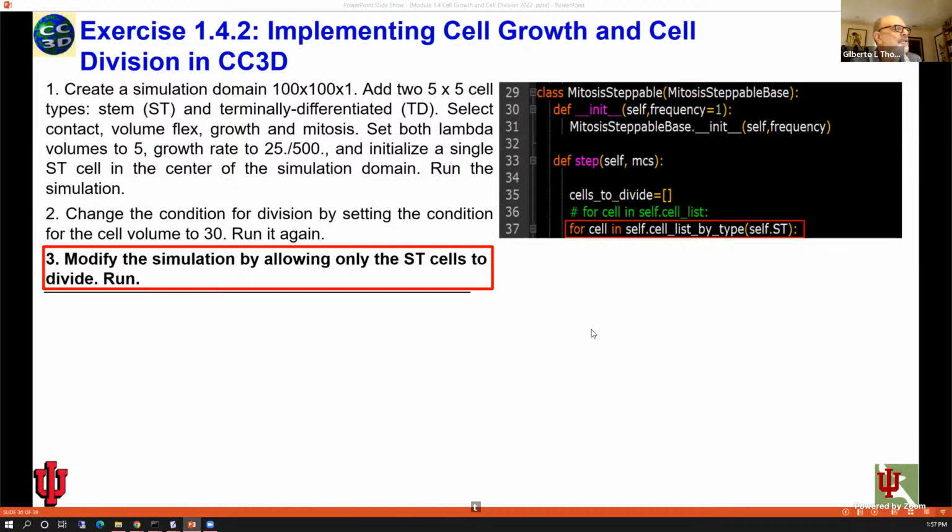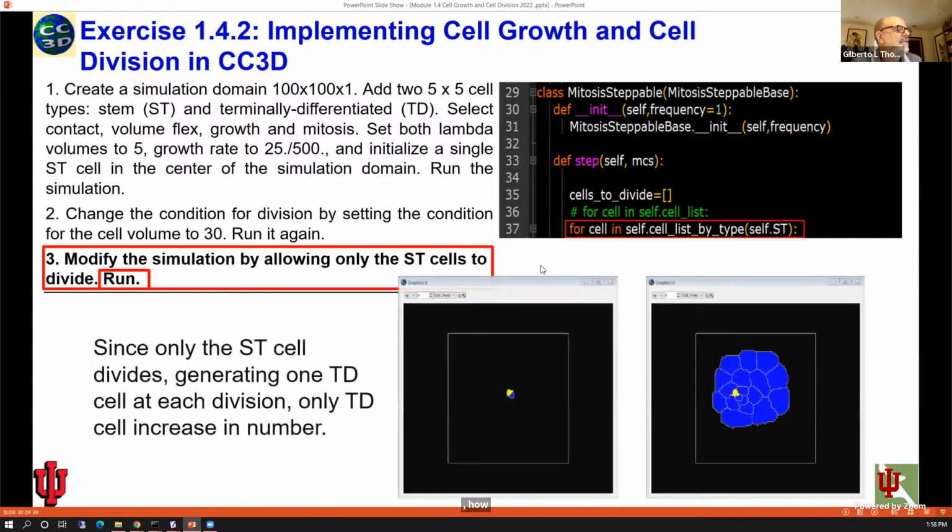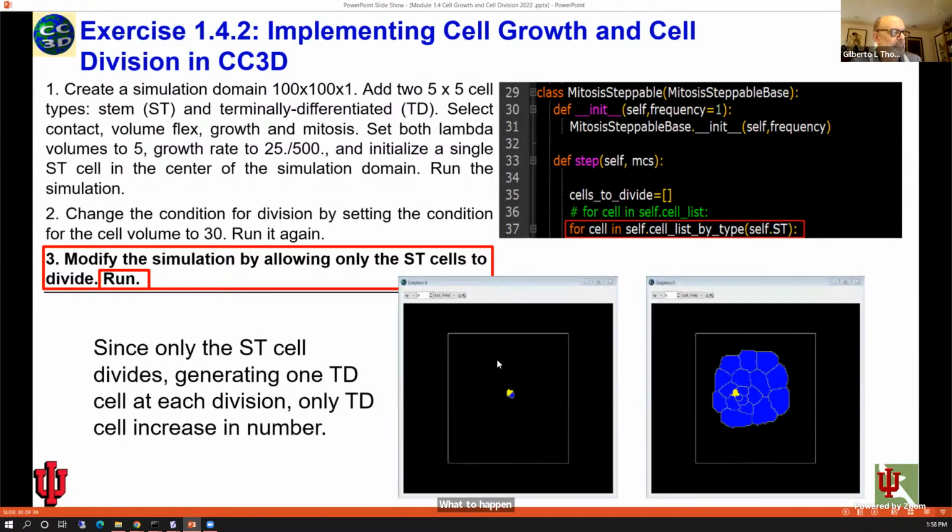Okay, just put it to run. What will happen? If you press the stop button just after the first division, you have two cells, the stem cell and the TD cell.